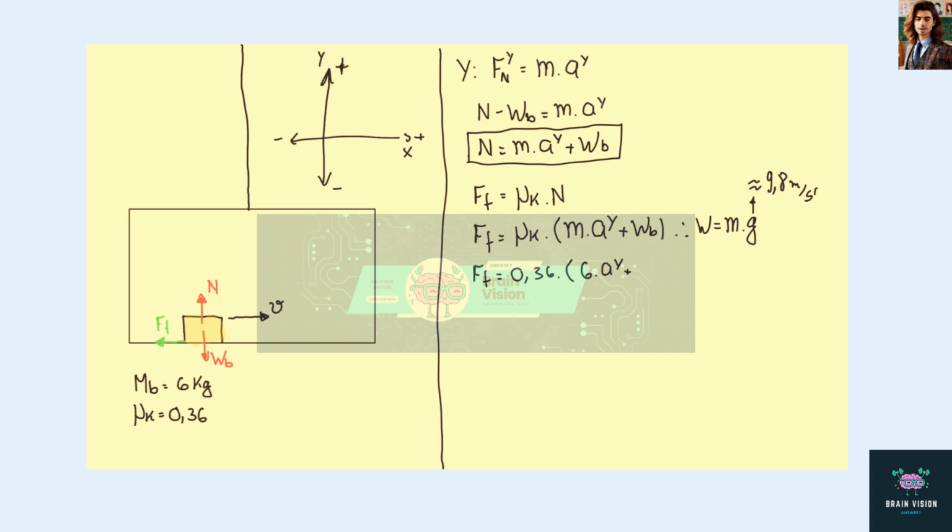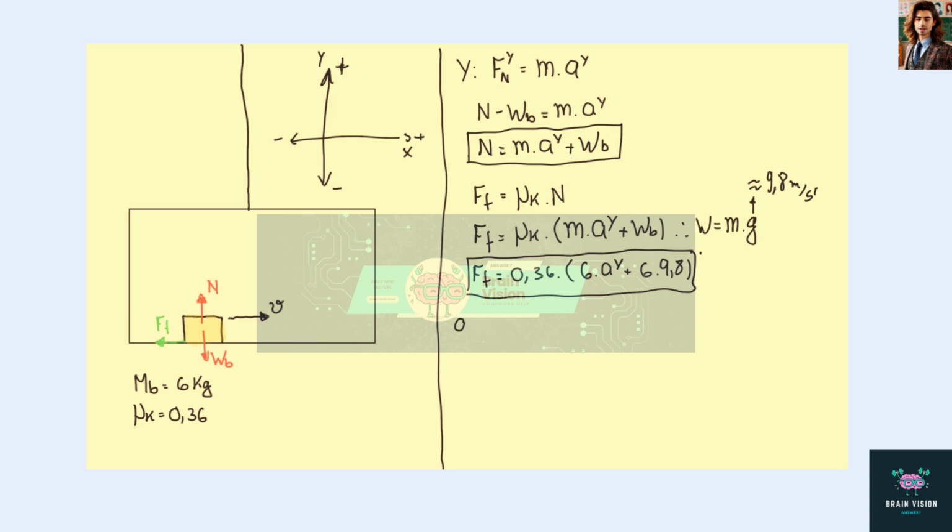So we have 6, the mass of the box, times 9.8 to compose the weight of that box. And this is our equation for the frictional force in this situation. Now, all we have to do is apply it to each item using the respective acceleration.